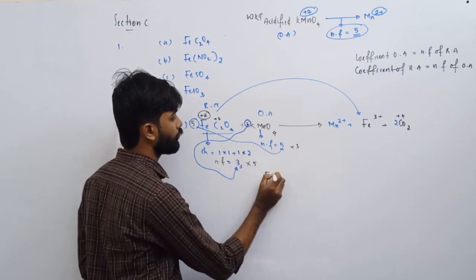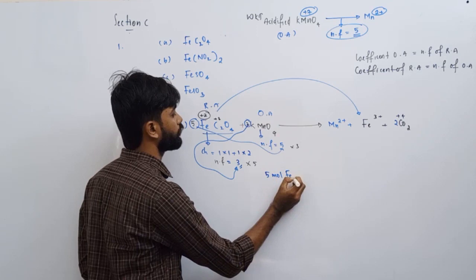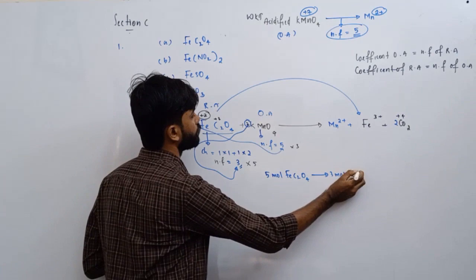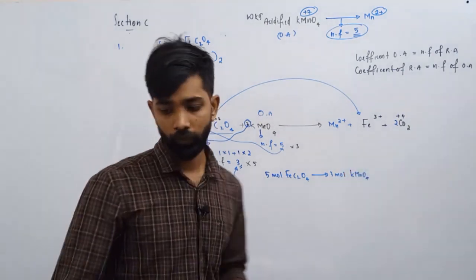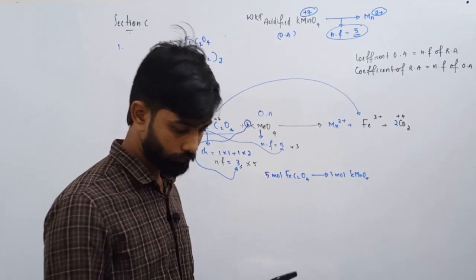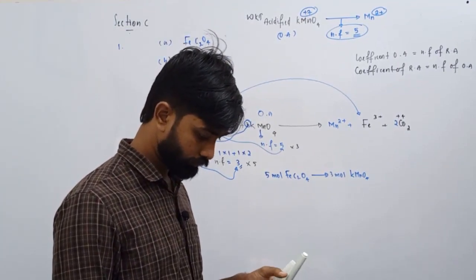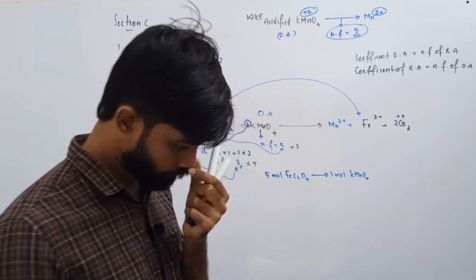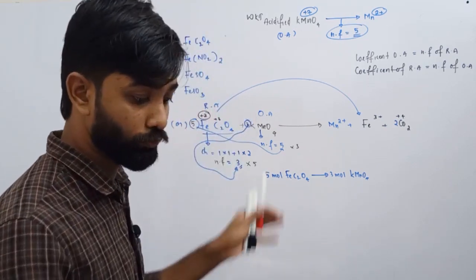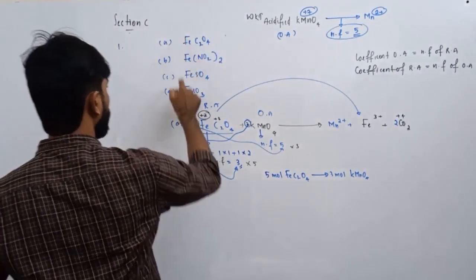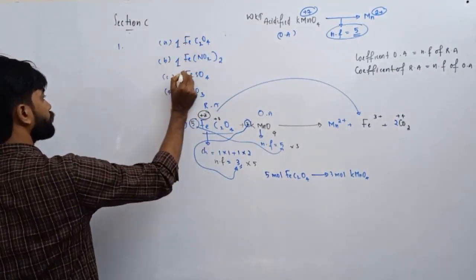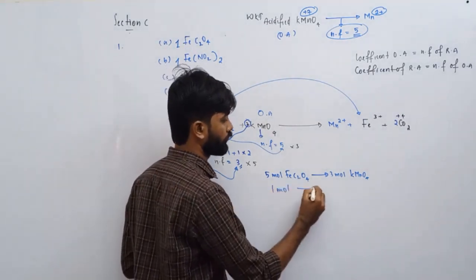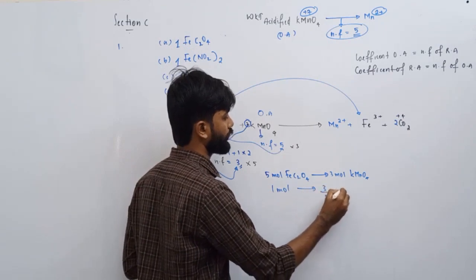It is clear that 5 moles of ferrous oxalate require 3 moles of KMnO4. Now, the same moles of the following compounds, so these are all 1 mole, right? So 5 moles require 3 moles, so 1 mole requires 3 by 5 mole. So that is the first case.